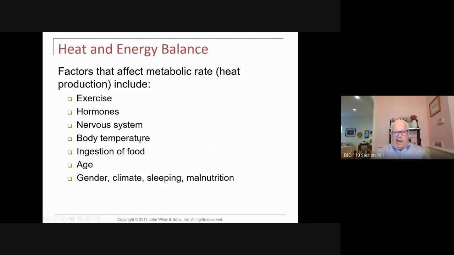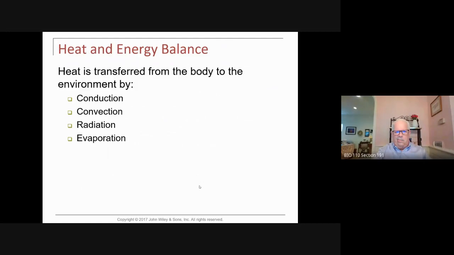If you have a high temperature or a low temperature, it'll affect your basic metabolic rate. The ingestion of food, obviously, your age, your gender, the climate, if you're sleeping, and if you're malnourished. All of these affect your basic metabolic rate.